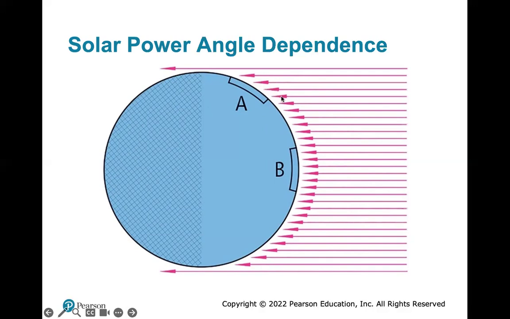You can see there's one, two, three, four of these rays coming from the sun that hit area A, but look at how many hit area B. It is one, two, three, four, five, six. You get more energy. The areas are the same, but because the rays are hitting almost perpendicularly on B and at an angle at A, you get more of them on B.